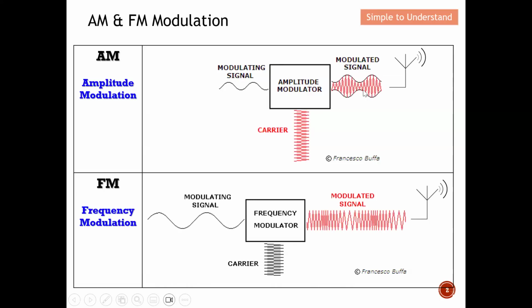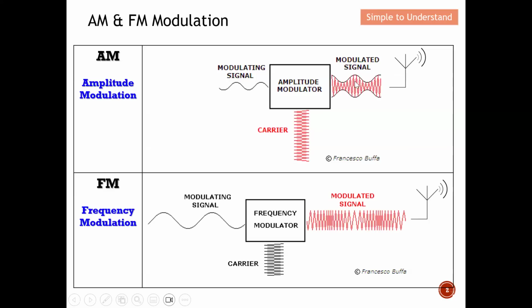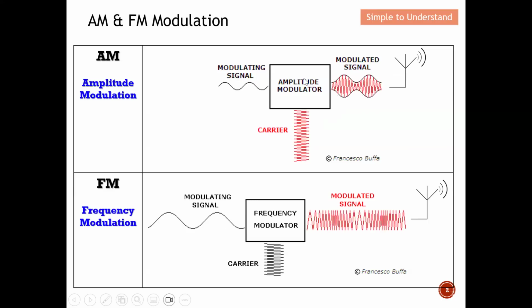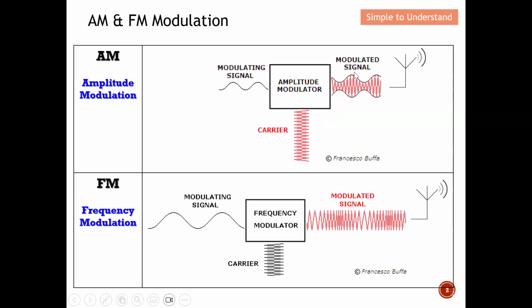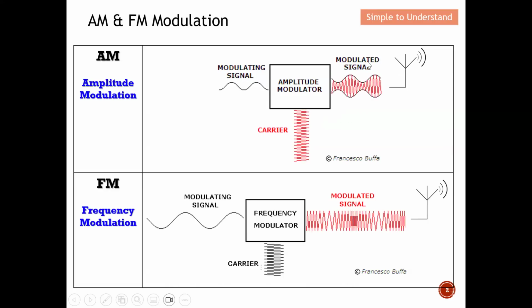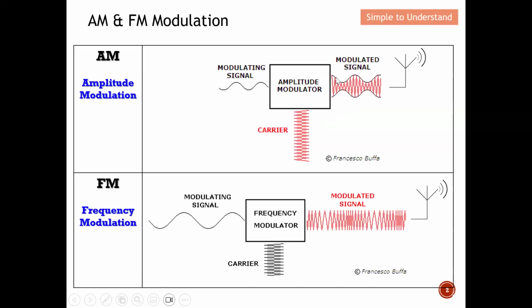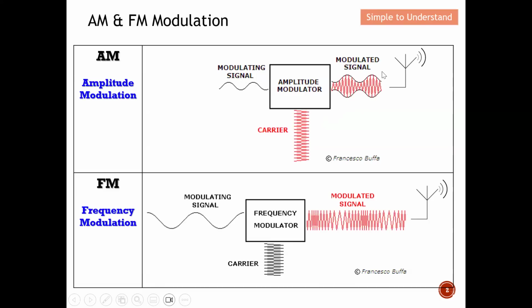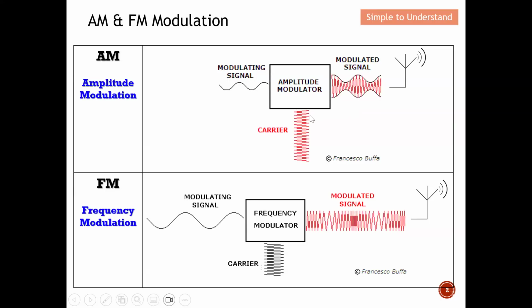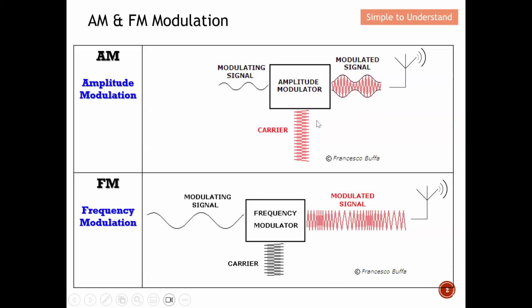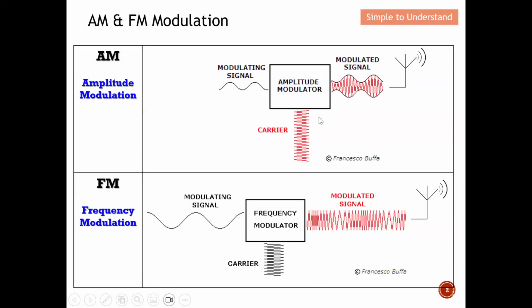From here, you can see that the frequency will be the frequency of the carrier, and the information will appear at the peak value of the modulated signal. So basically, this is amplitude modulation. The information, or the modulating signal, appears at the envelope of the modulated signal, while the modulated signal has the frequency of the carrier.